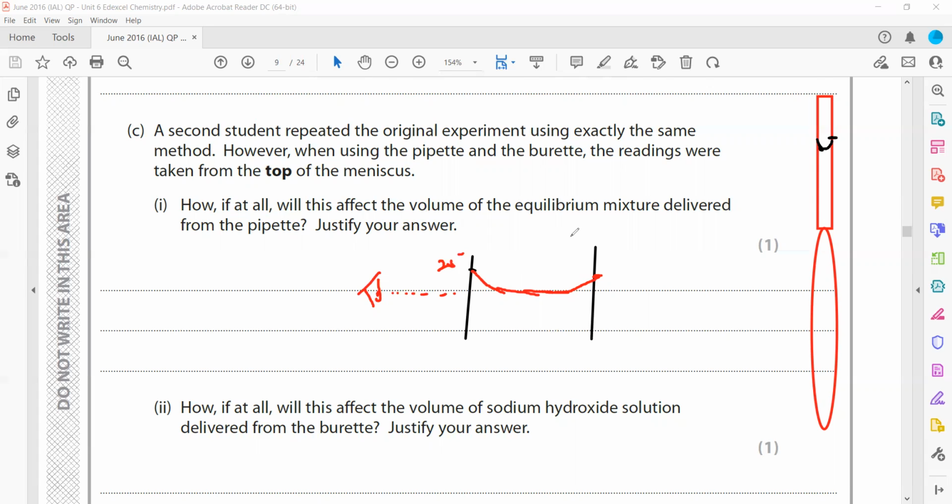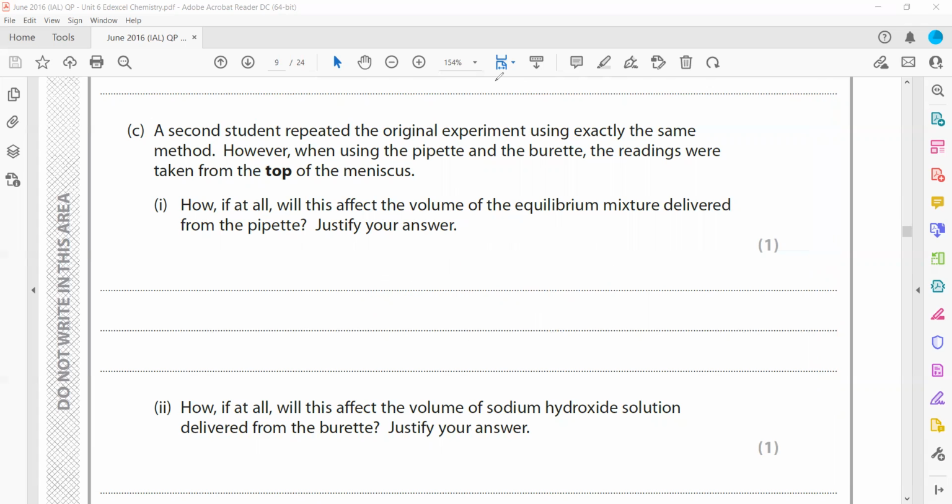So the volume of the equilibrium mixture delivered from the pipette will be smaller, because for a complete 25 cm cube, how should it appear.